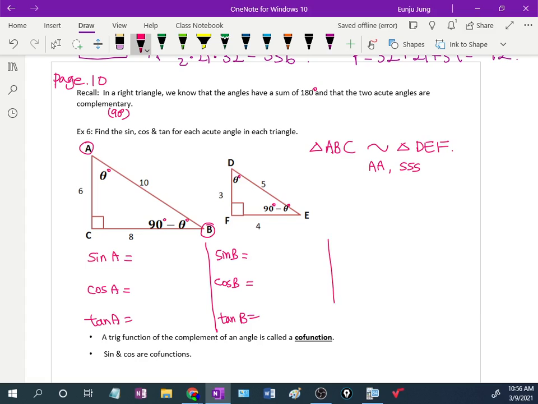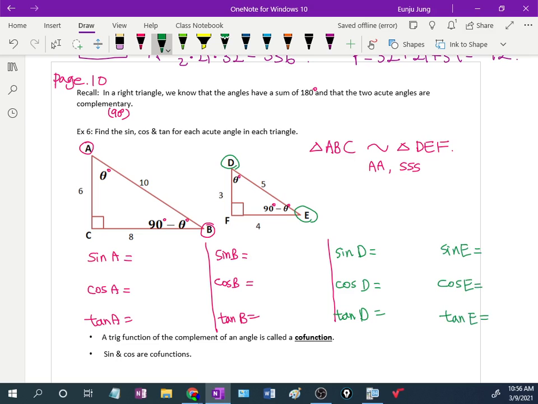And in the small triangle, I have two acute angles. What are they? D and E, right? So I need to find sine D, cosine D, tangent D, and one more, sine E, cosine E, and tangent E.